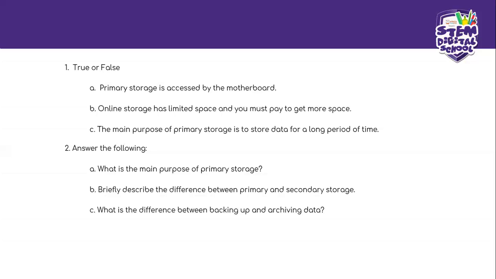If you save something on the internal hard drive and the computer crashes, but you saved it on your flash drive, CD, or online storage service, then you have backed it up. You have a copy of what is on your internal hard drive.